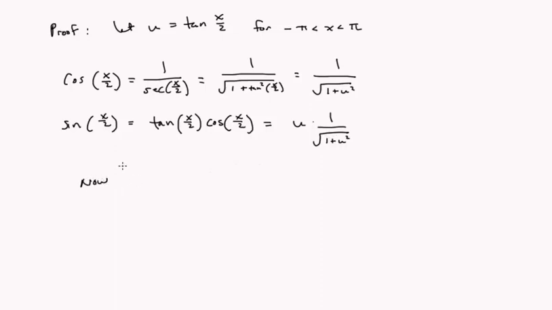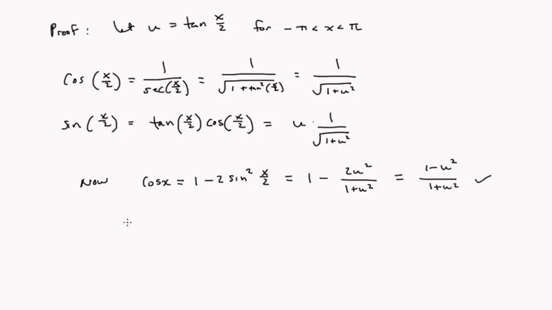Now, using an identity, we can say that in general cosine of x is equal to 1 minus 2 sine squared of x over 2. So that would give us 1 minus 2u squared over 1 plus u squared, which then with a common denominator would simplify to 1 minus u squared over 1 plus u squared. Cha-ching!